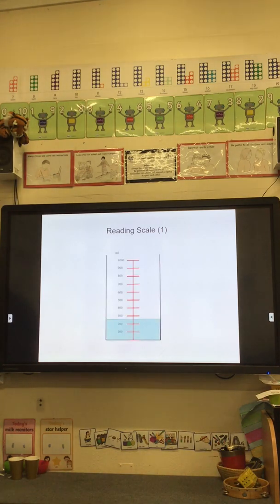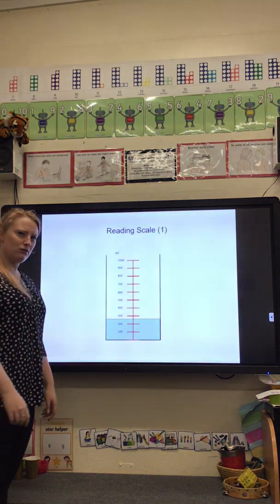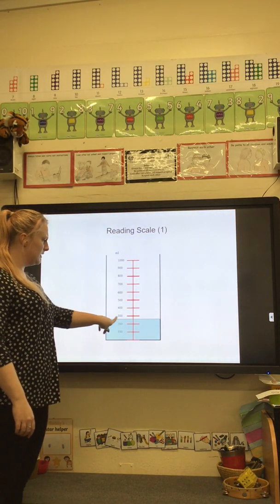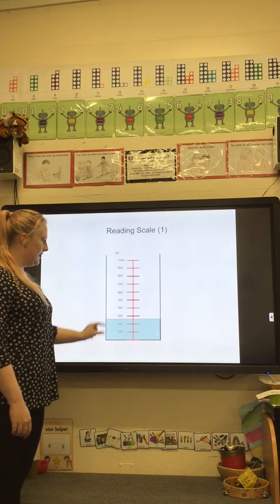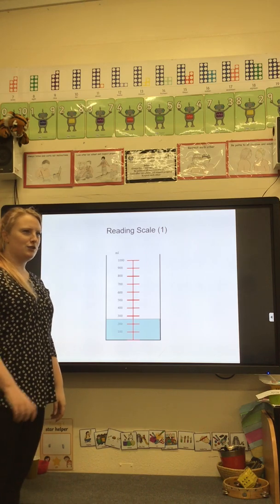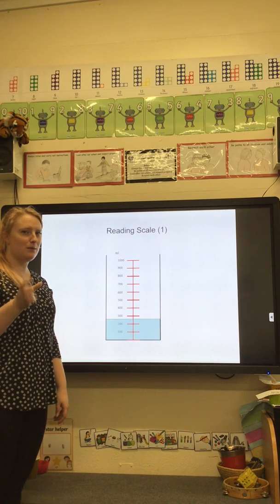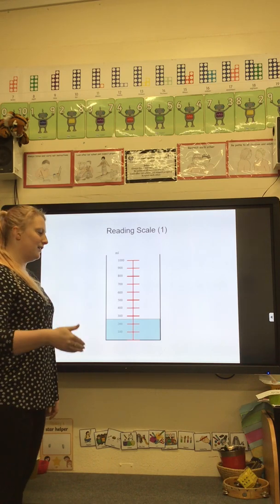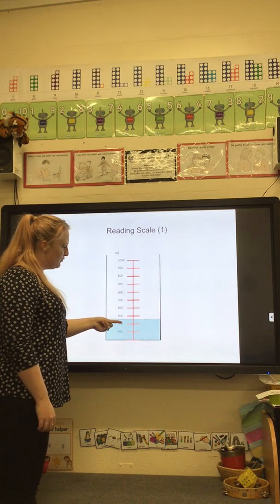Okay, are we ready? Ooh, so this is where it gets a little bit tricky, because our line hasn't landed on a number. It's landed halfway between 2 numbers. And do you remember yesterday when I spoke about if it comes halfway between 2 numbers, you have to add a 50. So here we've got 100, 200.